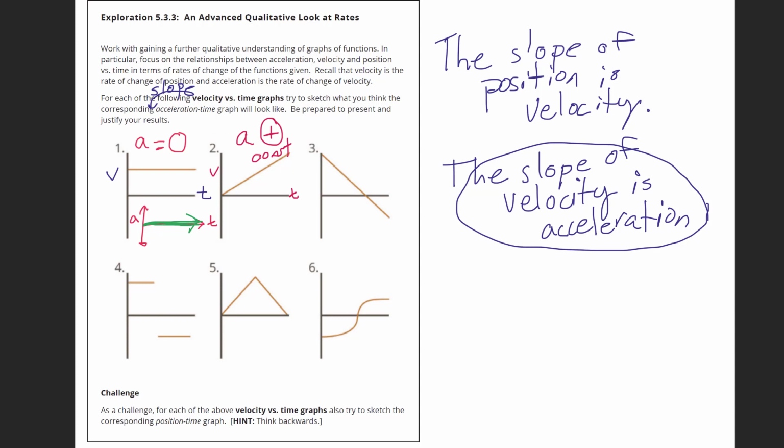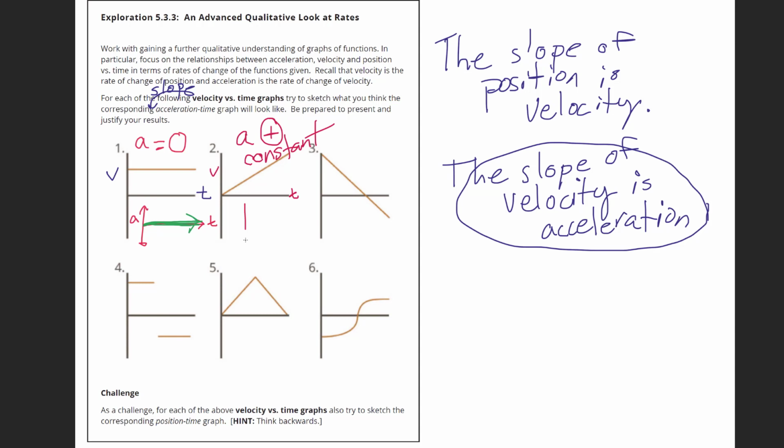Oh my gosh, my handwriting is getting worse throughout the day. I apologize. This is my 3rd video today, and like my 3rd video in 3 years. So, constant. There we go. We have a constant acceleration, a constant slope.